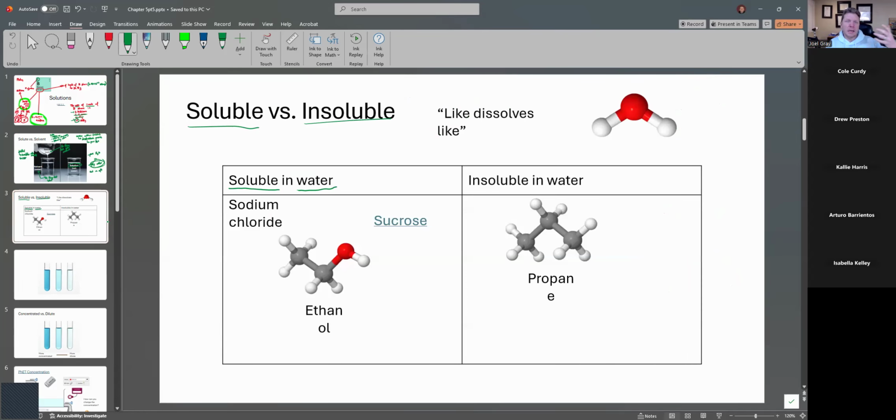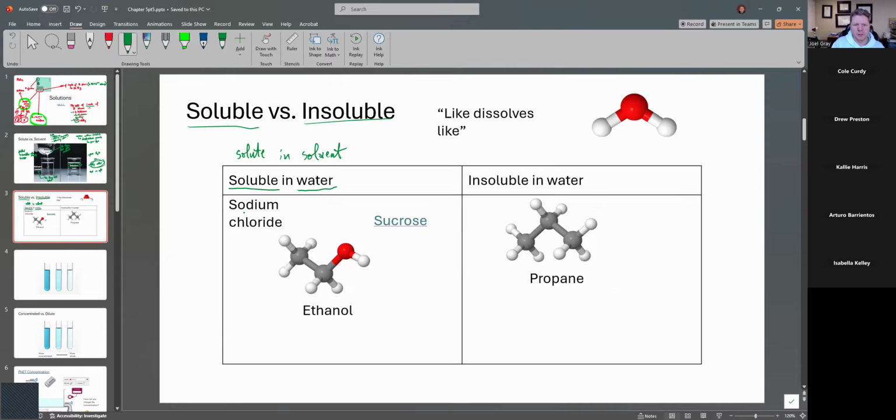So we're defining a solute and then the solvent. And one thing that I want you to think about with respect to that is there are many things that are soluble in water.